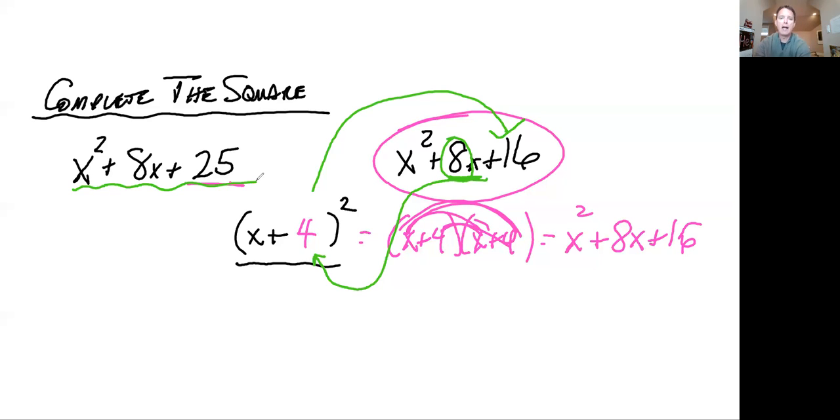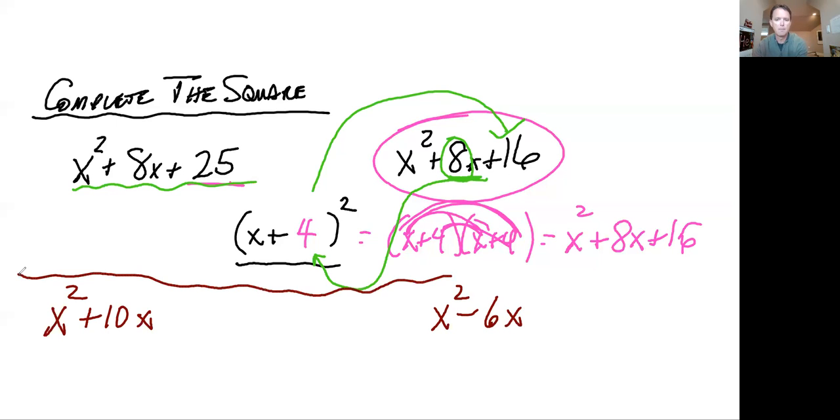But before we do that, I want you to look at a problem like this. x squared plus 10x. I'll write another one over here. x squared minus 6x. Okay, so let's separate these. My question to you as we begin to ponder these types of problems is, when I look at this one on the left here, it looks like it has the makings of a perfect square, but it's not complete, right?